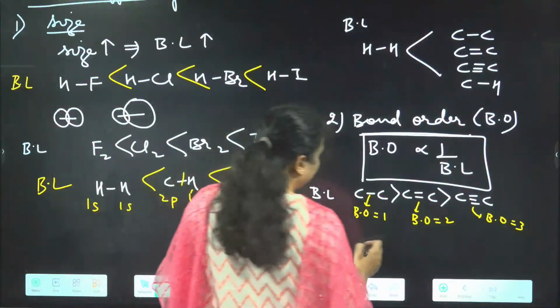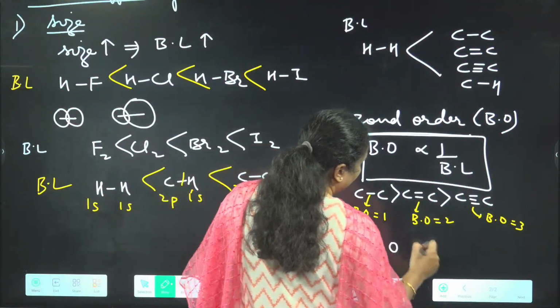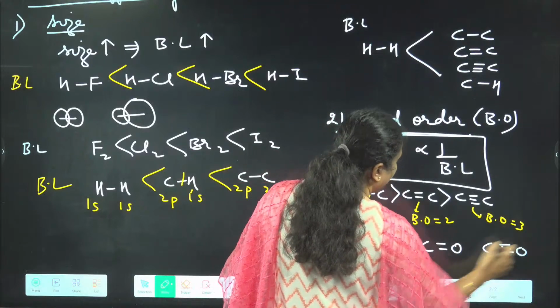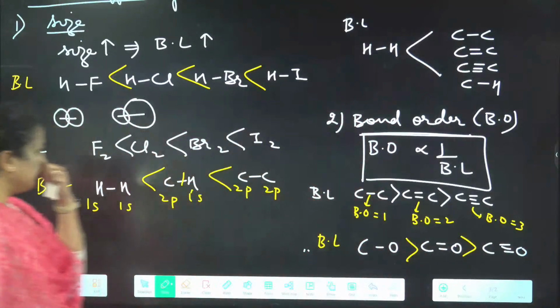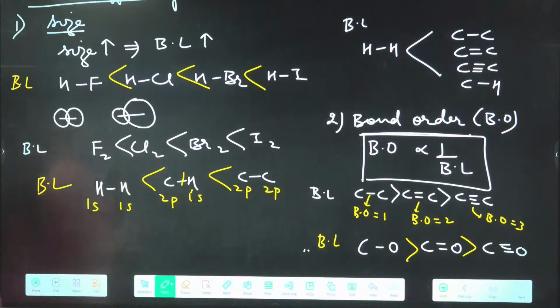Similarly, I can also write like this. Suppose I say single bond, double bond, triple bond, like that. Again, the same order because of the bond order. Getting it? Please write this, then we proceed further.